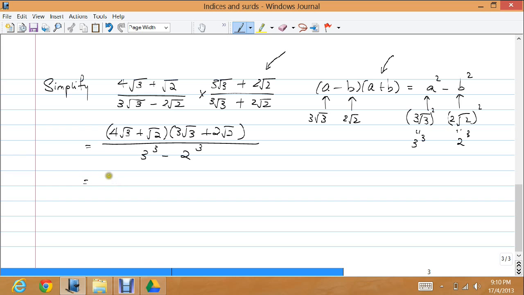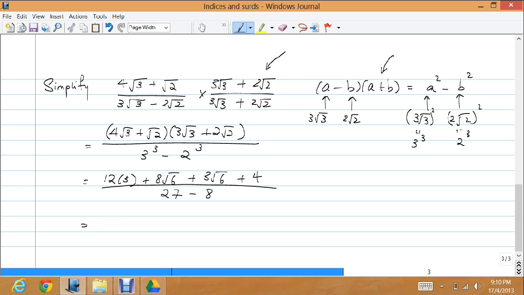So I get 4 root 3 times 3 root 3 gives me 12 times 3. 4 root 3 times 2 root 2 gives me 8 root 6. Square root 2 times 3 root 3 gives me 3 root 6. And last but not least, 2 times 2 root 2 gives me 2 times 2, 4. And then at the bottom I get 27 minus 8.